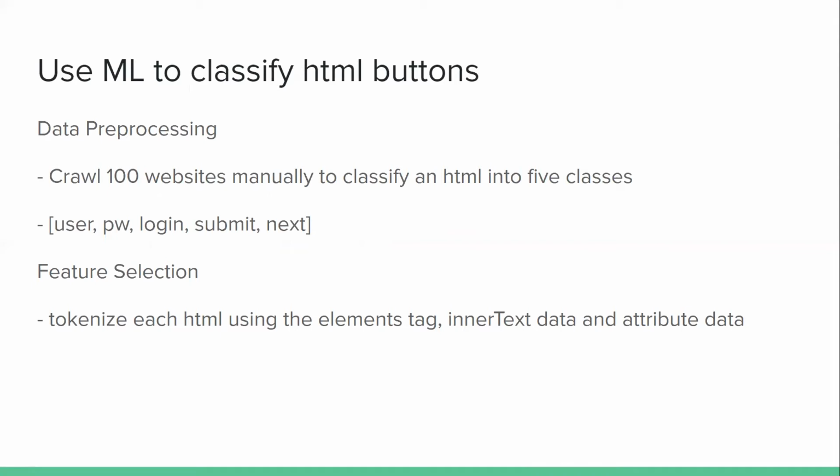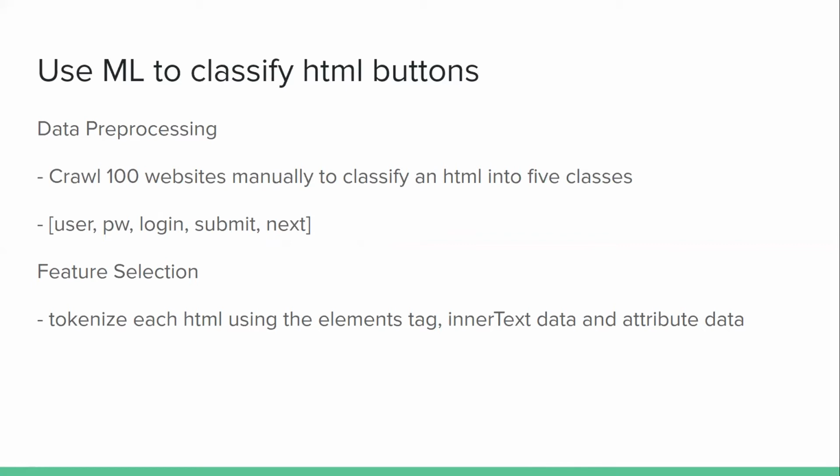We first used data preprocessing to crawl 100 websites and manually classify each HTML element into 5 classes: user, password, login, submit, and next. We first used a unique feature vector with a unique set of strings that each HTML element had, which led to overfitting and too much computation time because there was too much feature selection.